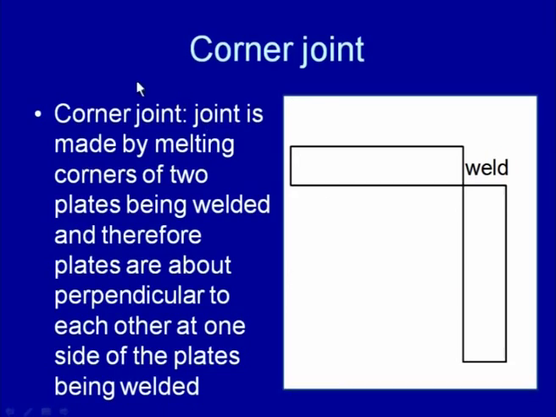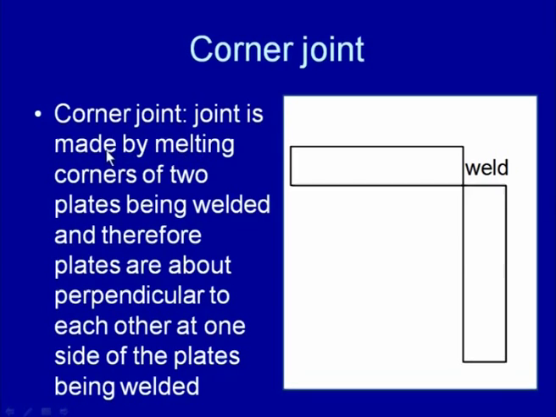For developing the corner joint, the plates are kept at approximately 90 degrees with respect to each other, and the weld is made at the corner by developing a variety of groove geometries as described earlier.